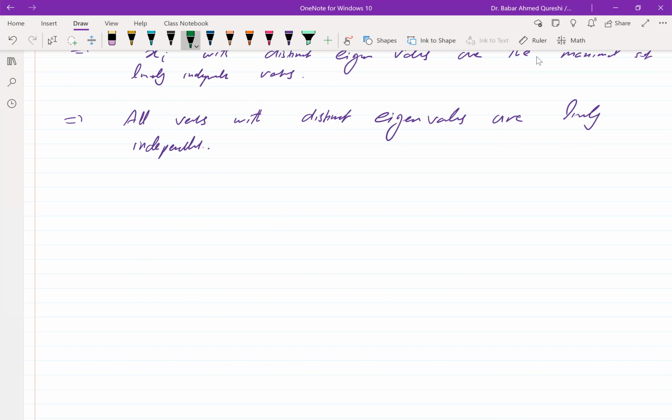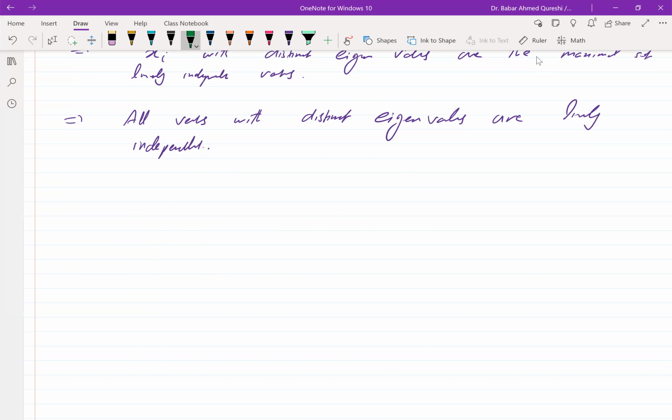If you have three with three different eigenvalues, then they must be linearly independent. But if they happen to have the same eigenvalues, then you are not sure. They can be linearly independent or they can be linearly dependent. And many a time what you end up with is that you have to select a set of linearly independent vectors in that space.